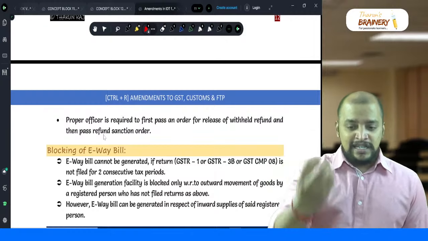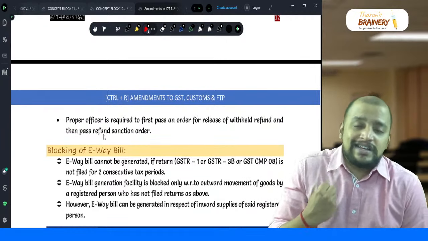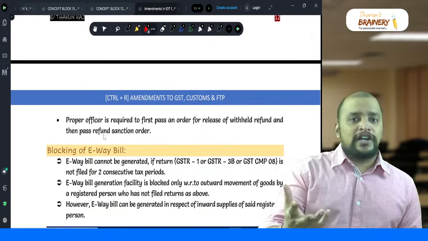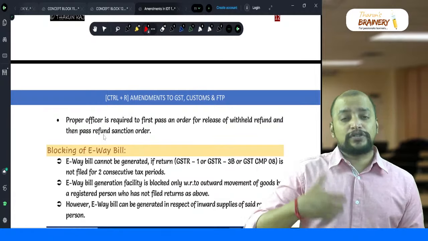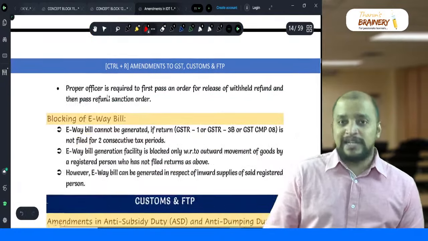So first the refund has been withheld if there is any outstanding duty or tax against that person. Now the proper officer should first release the withhold order, and then sanction the refund. That is the adjustment to be done.